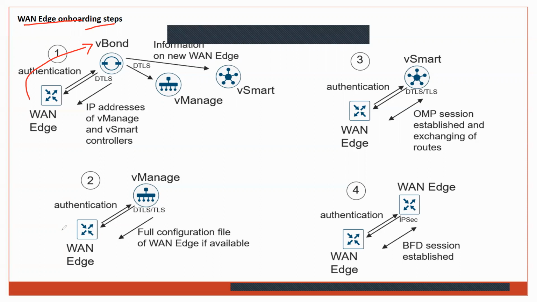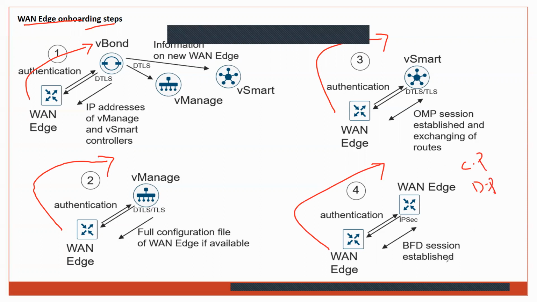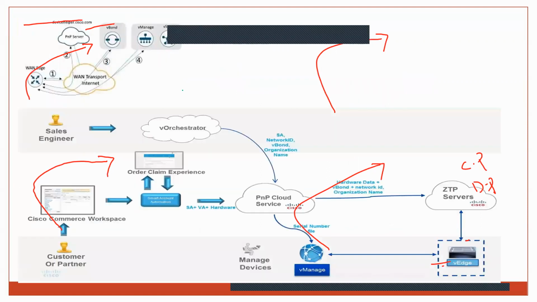Step number 2, they authenticate with vManage and vSmart. Then they bring up the control plane and data plane, and then they have the BFD sessions up and running. This is happening behind the scenes, we know this. But there are some other things as well that I want to clarify.